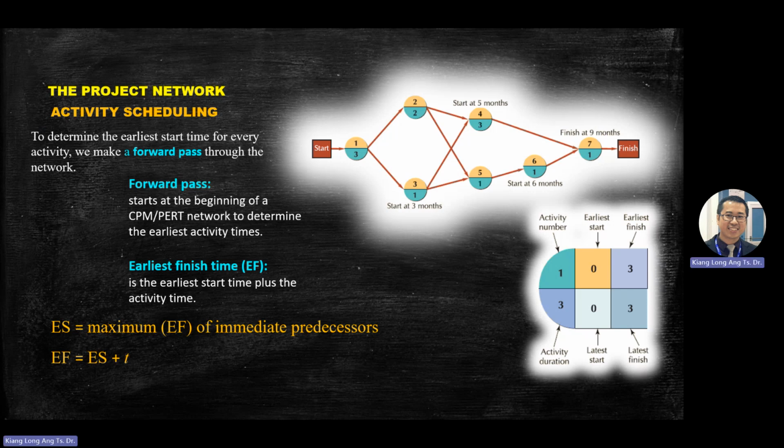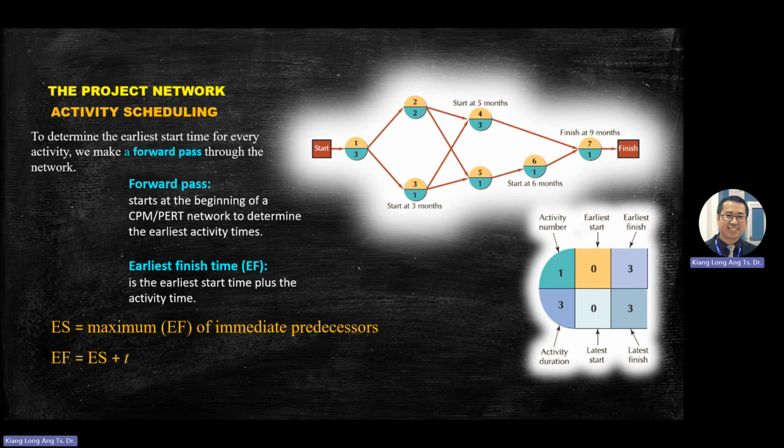Then EF is ES plus the T. You look for the previous arrow. You'll see an arrow pointing to this one.